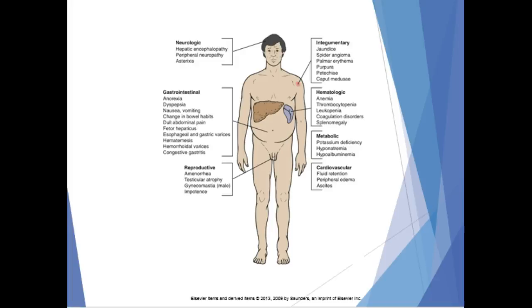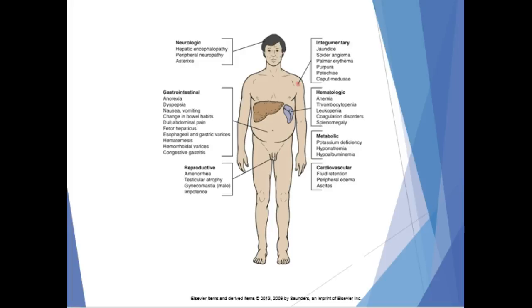You'll see under neurologic signs and symptoms, there's hepatic encephalopathy, peripheral neuropathy, and asterixis. In GI, there's anorexia, dyspepsia, nausea, vomiting, change in bowel habits, a dull abdominal pain, fetor hepaticus, which is also known as the breath of the dead, esophageal and gastric varices, gastritis, hematemesis, hemorrhoidal varices.